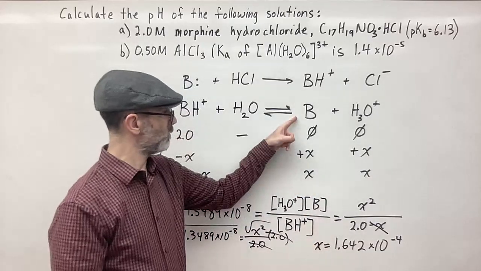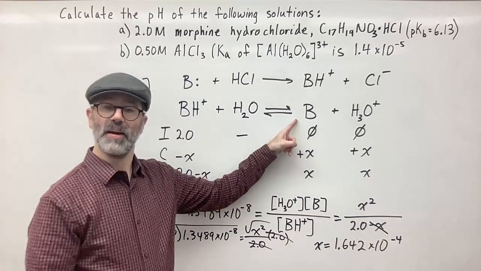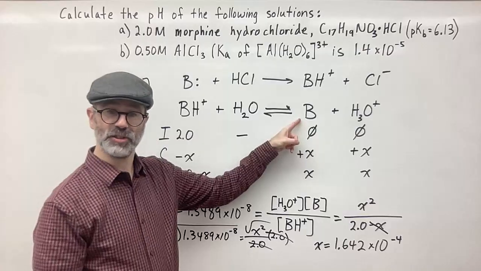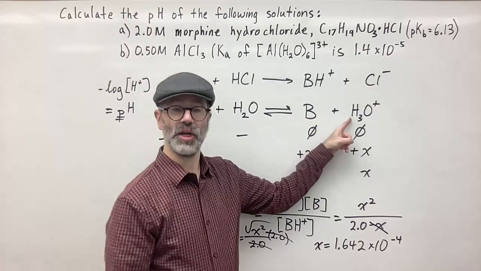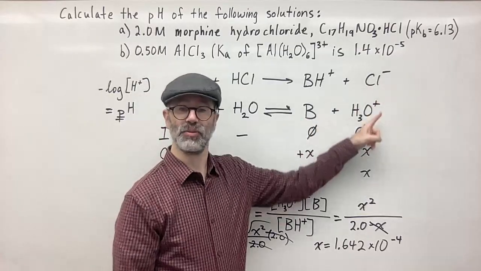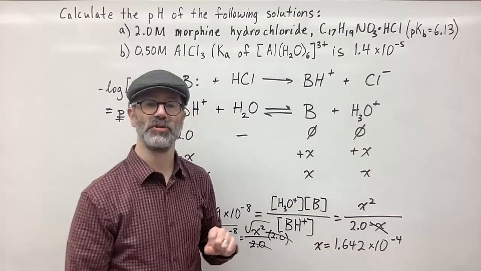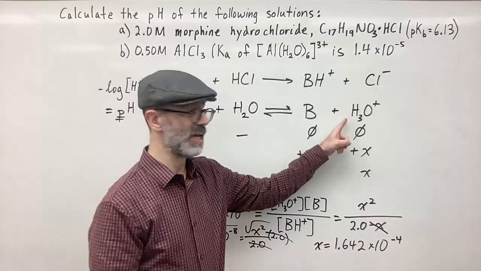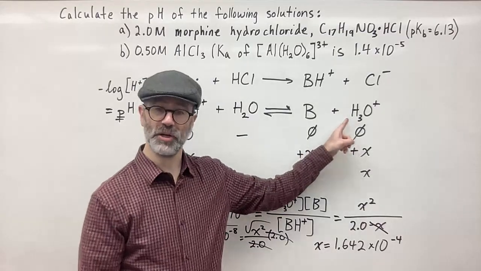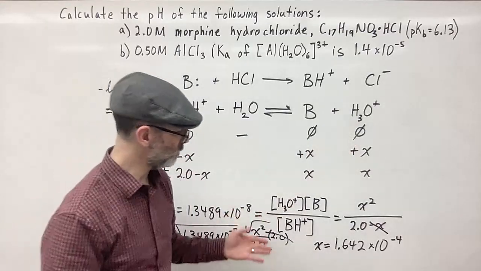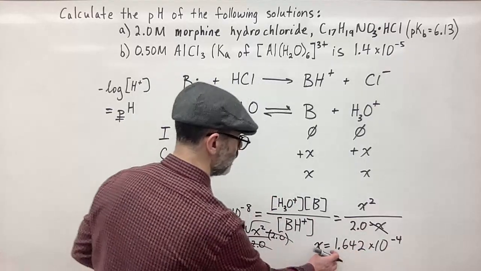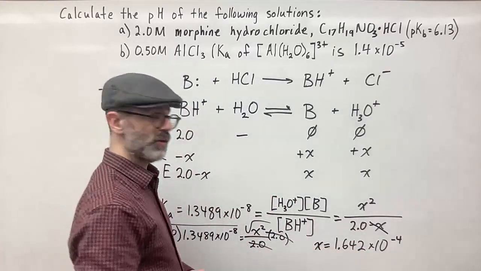So now we can use that to find the pH, because X is equal to this, which is the same as the morphine concentration and the hydronium concentration, which is H+. That's how we're going to find the pH, because remember, pH is equal to the negative log of the H+ concentration, or hydronium ion concentration, which is the same thing. So now all we have to do is take the negative log of that.